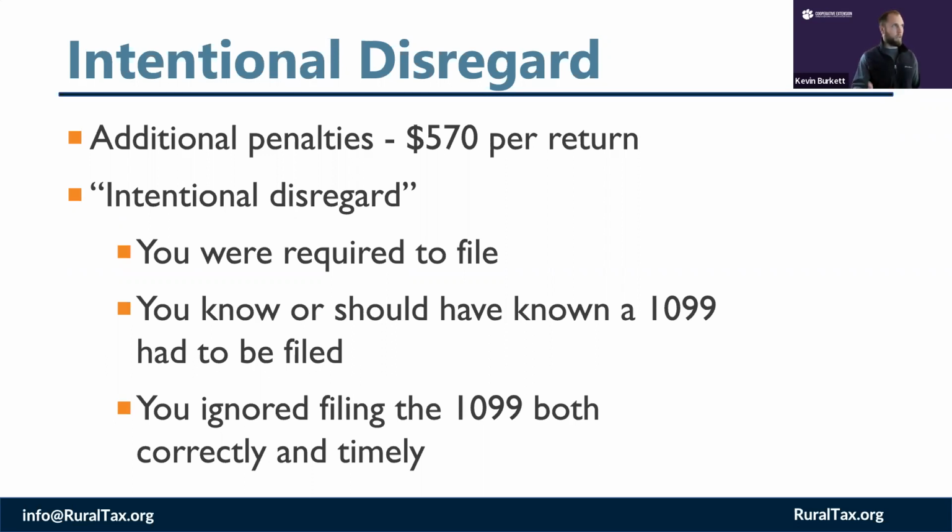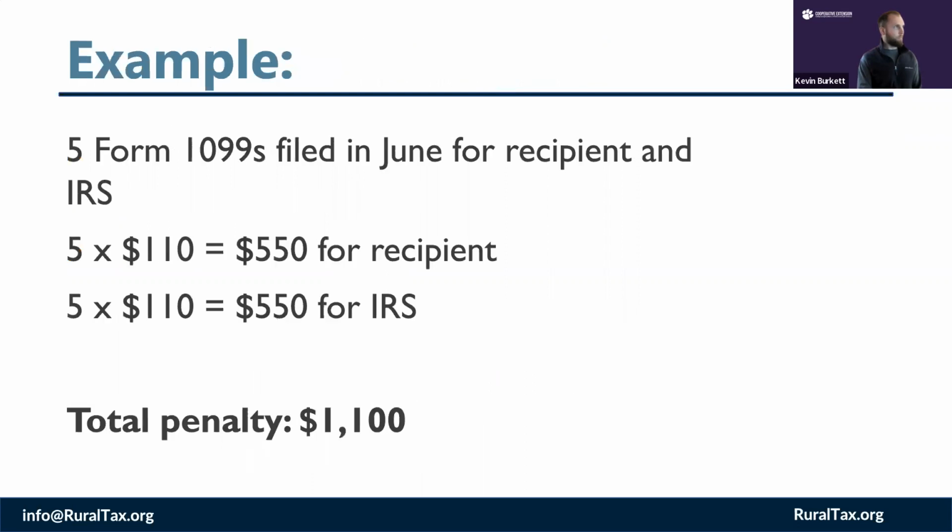So it starts to become even more significant now. This is a greater burden of proof, I guess you might say, to be able to hit you with this penalty. But it is something where if people said, well, I'm just not going to worry about it, that might be a situation where you would see this intentional disregard penalty.